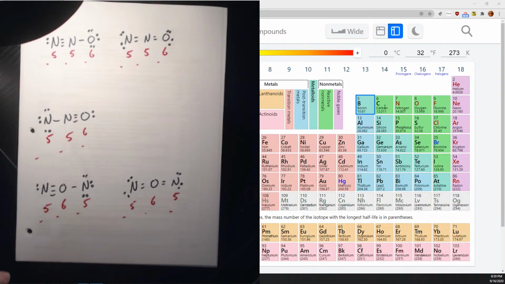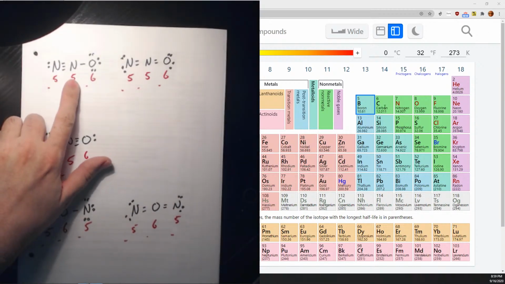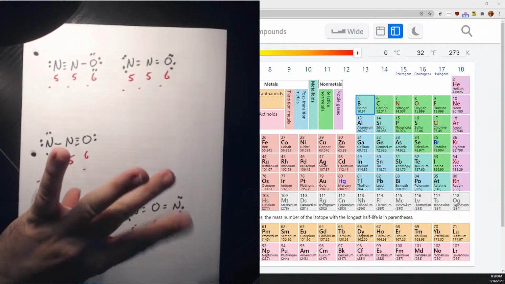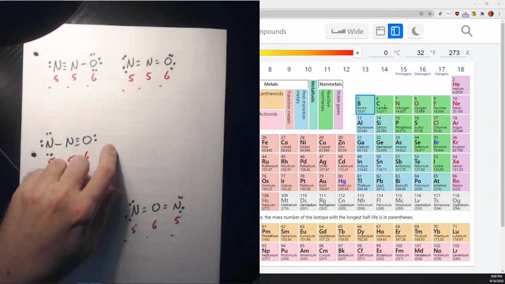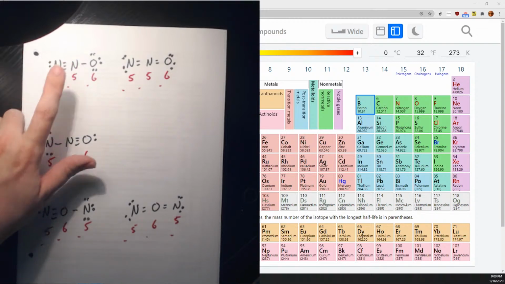All right. So how many electrons does each atom own in the molecule? Well, the atom in the middle is always going to own 4 electrons, regardless. Why? Because the atom in the middle always has 4 bonds. Each bond gives it 1 electron.